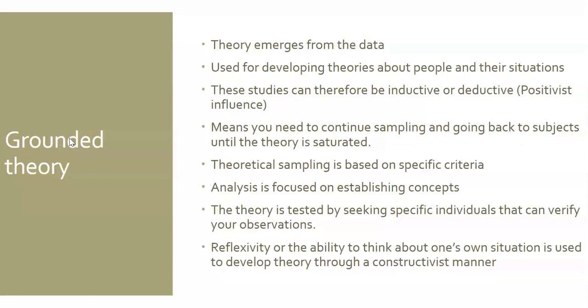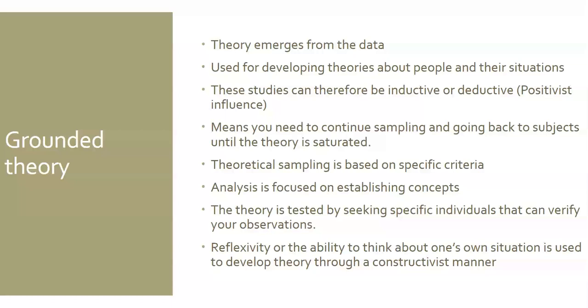The other one that is fairly well known amongst social researchers is called grounded theory. Grounded theory says that your explanatory theories, so how you explain phenomena and situations that you observe, all of that is done by means of theory, and that theory emerges from the data.